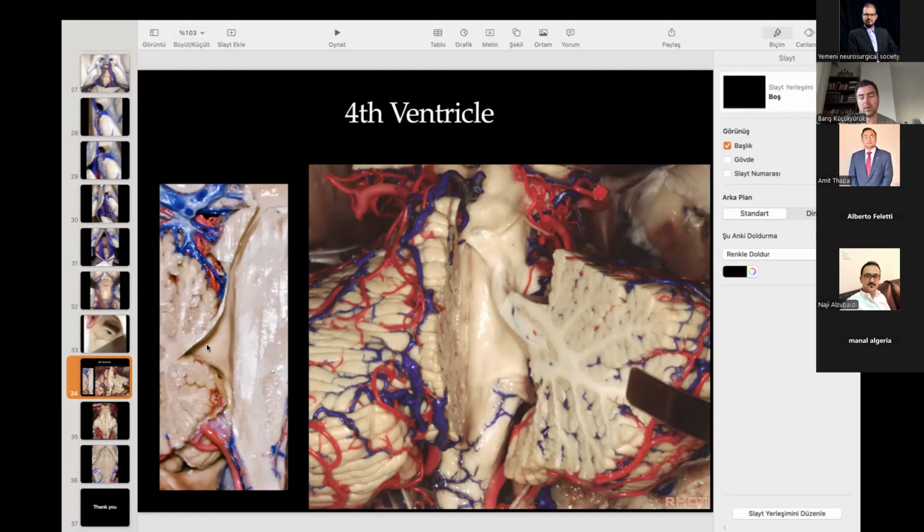So I didn't want to go into so much detail, but I can say the fourth ventricle is connected with the third ventricle by the aqueduct, as we all know, and the fourth ventricle lies deep to the cerebellum, where in this right picture we cut and removed the right hemisphere of the cerebellum to have a view of the ventricle.